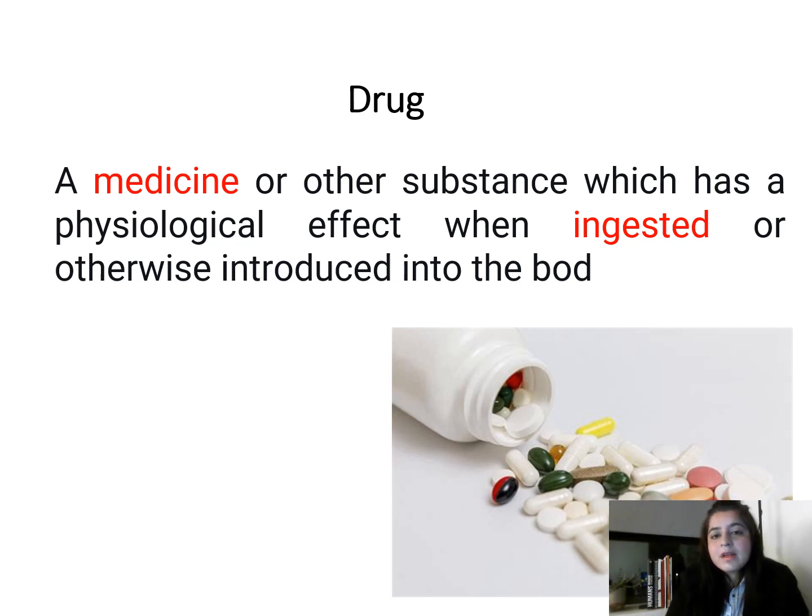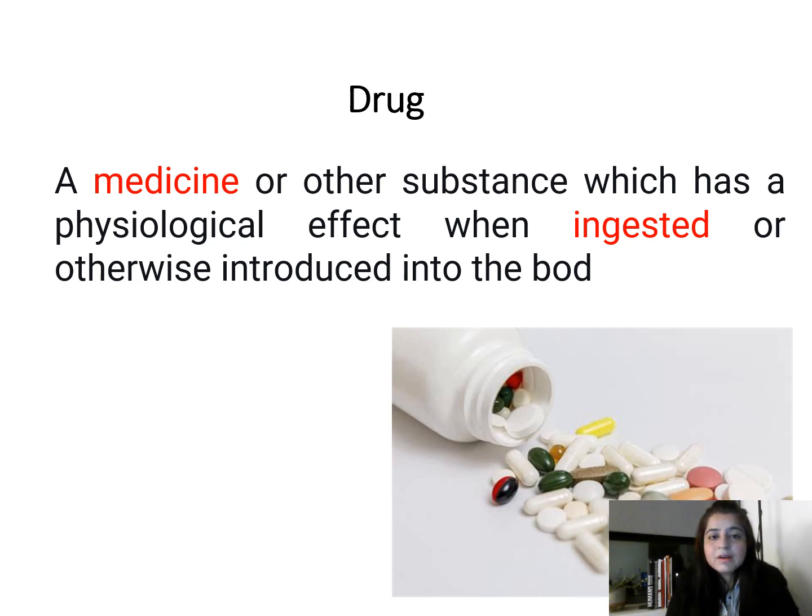When we say the word drug, it means any chemical substance that is either extracted from a plant or synthesized in the laboratory by a synthetic process, and that chemical is able to bring a change in the physiology of an organism.